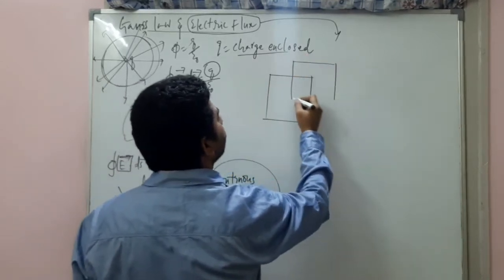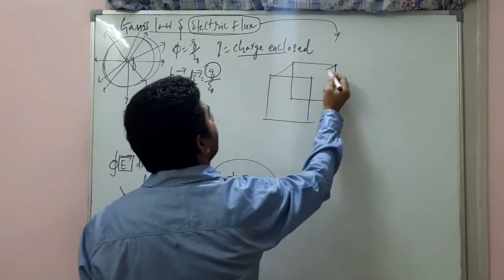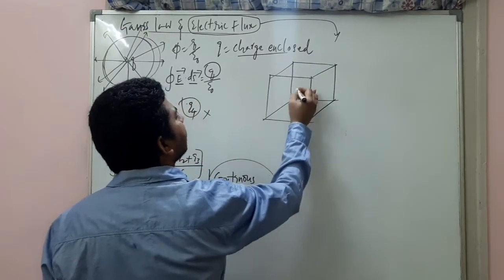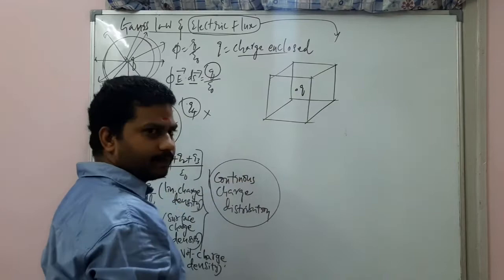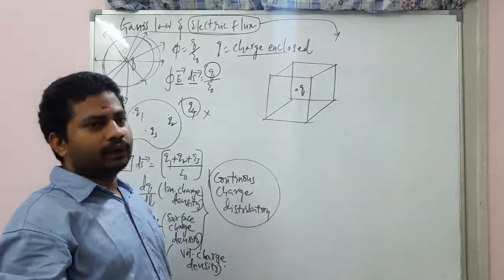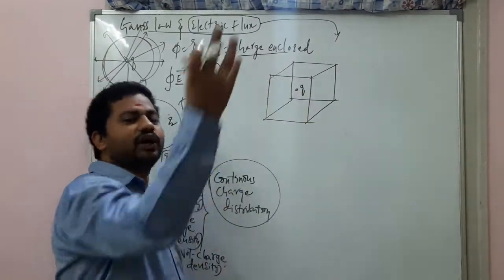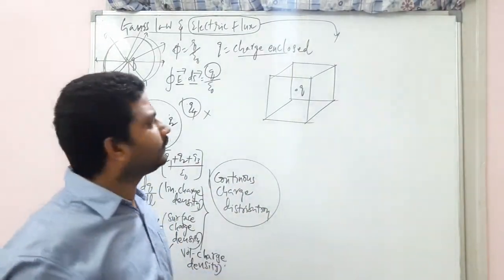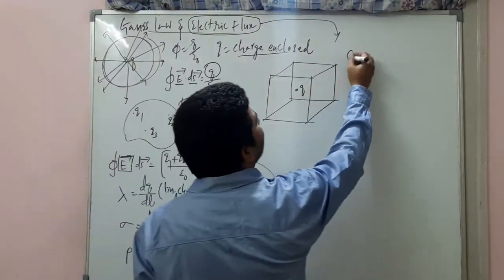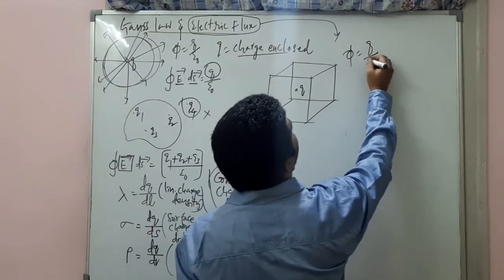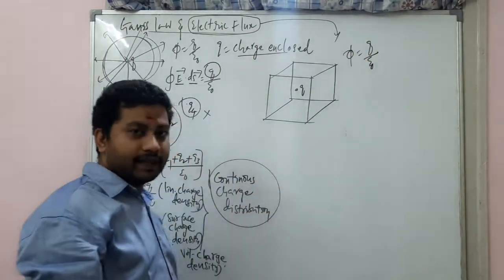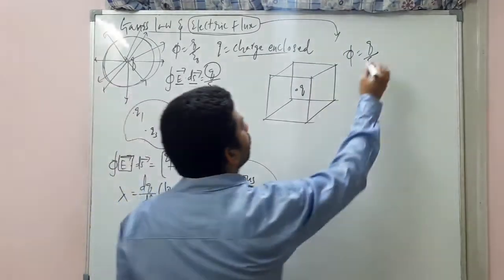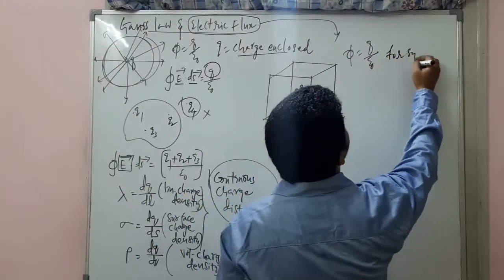Inside the cube, a charge Q is placed. This is a closed surface, which is a Gaussian surface. Inside, there is a charge kept at any place. Now the electric flux linked with this surface is Q by epsilon naught for the system.